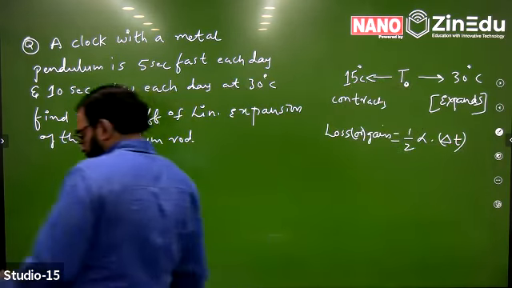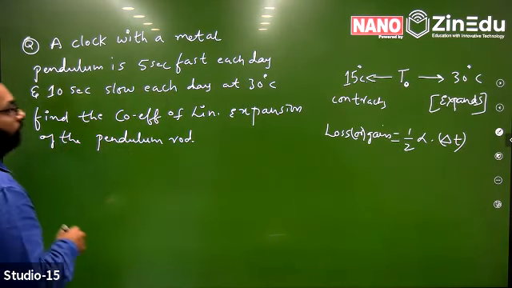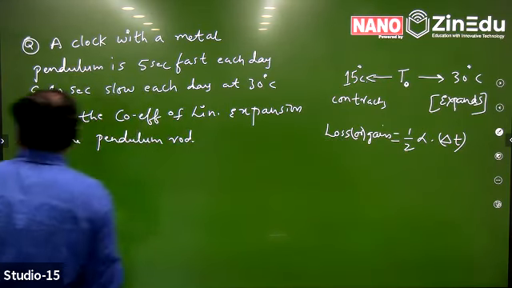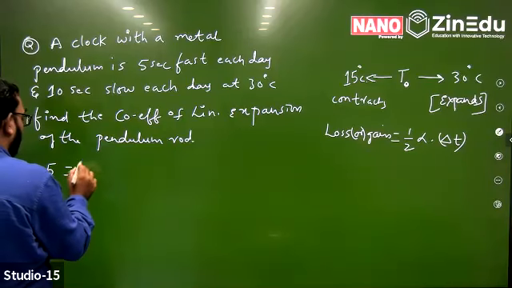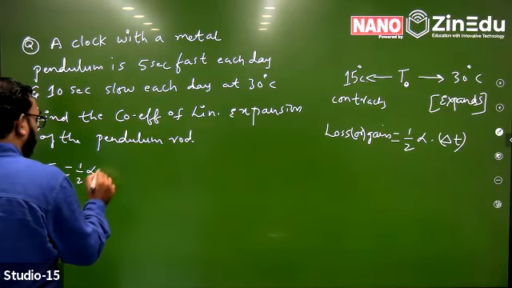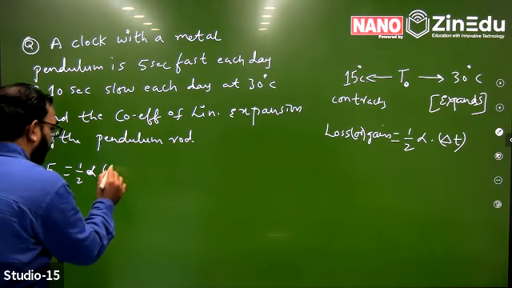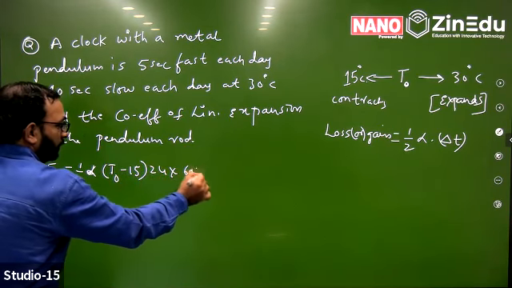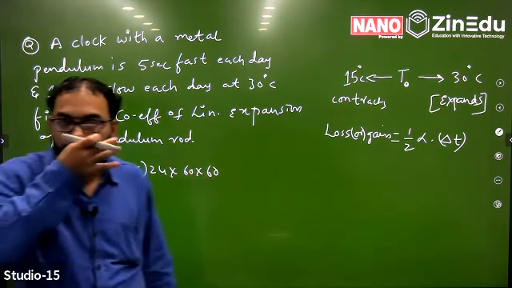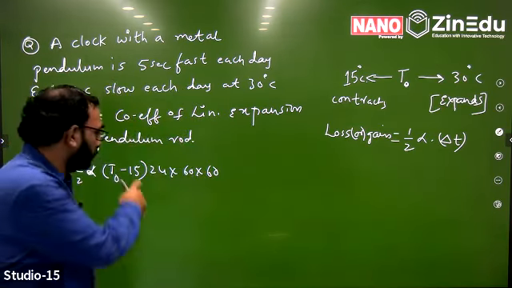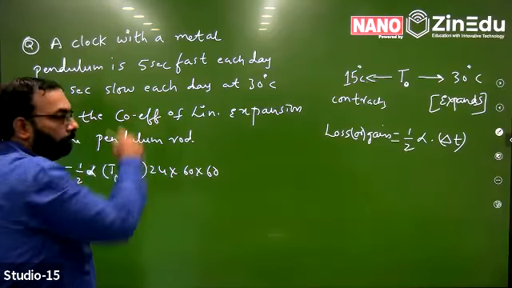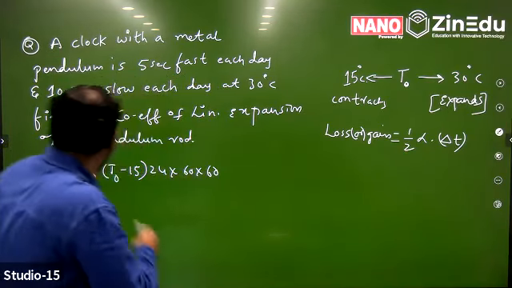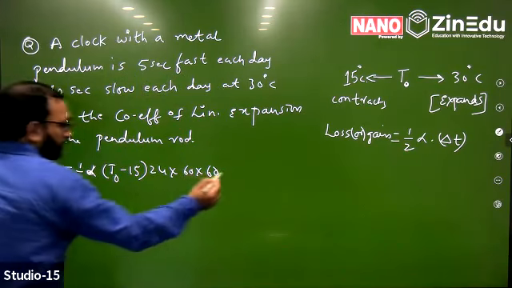It is said that it is 5 seconds fast, so the gain is 5 seconds. So 5 equals half into alpha into (T naught minus 15) into 24 into 60 into 60, which is 86400. Per day I am calculating the loss or gain, using the per second formula I know. This is the first equation.